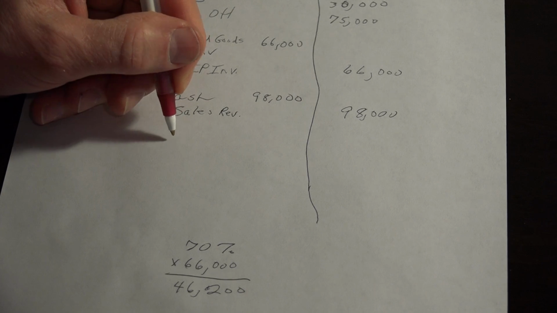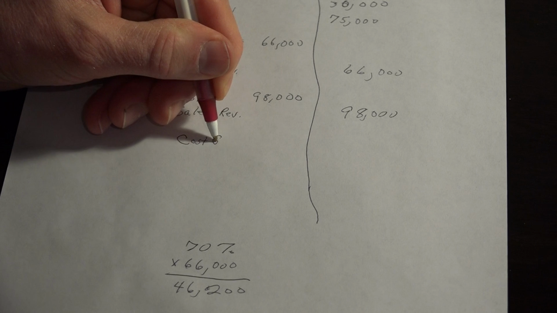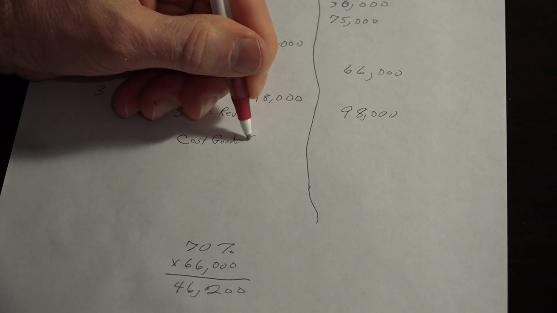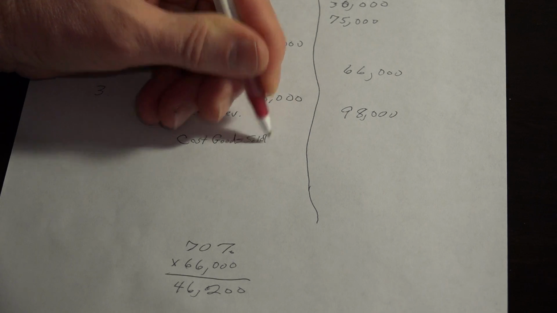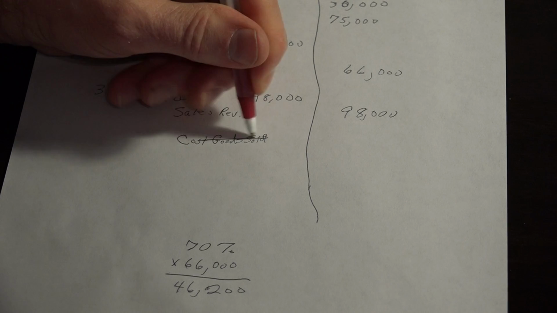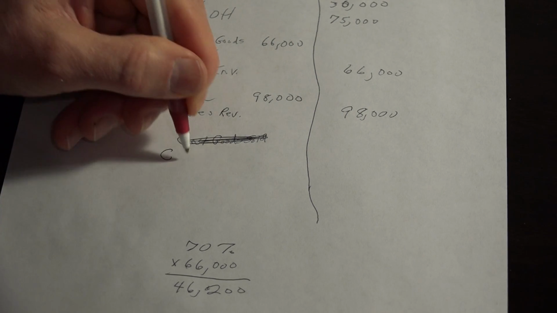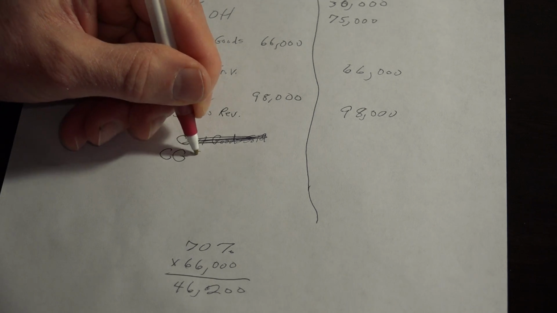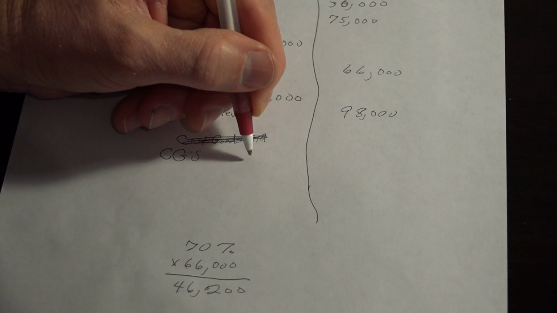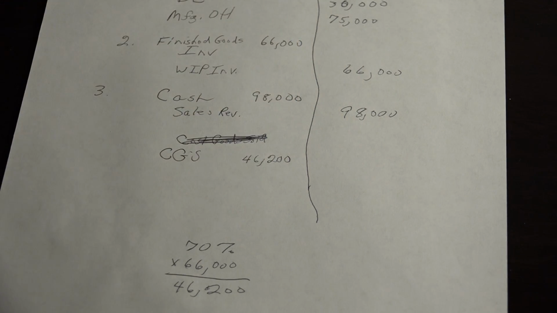We're going to debit cost of goods sold, 46,200.